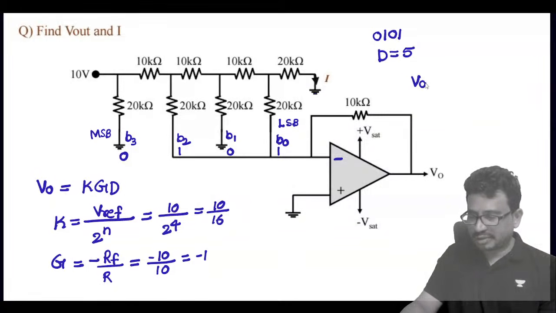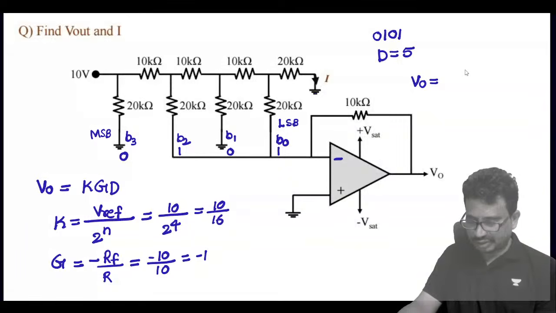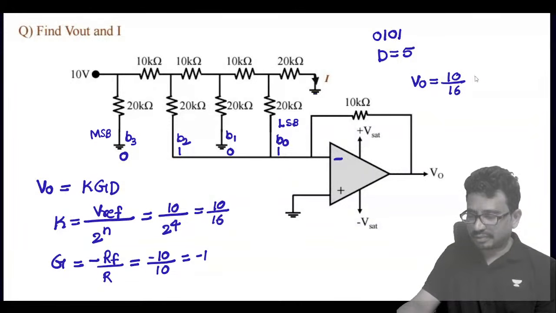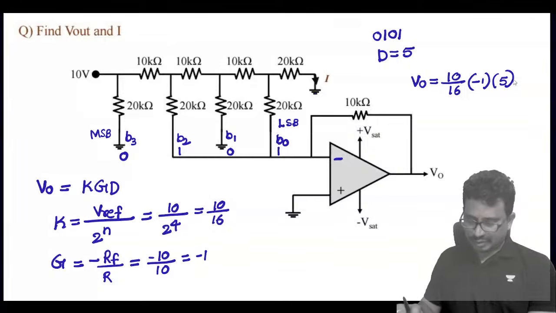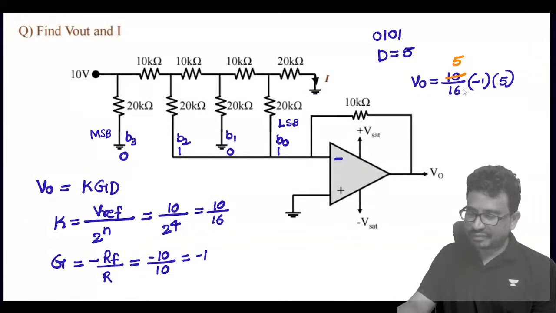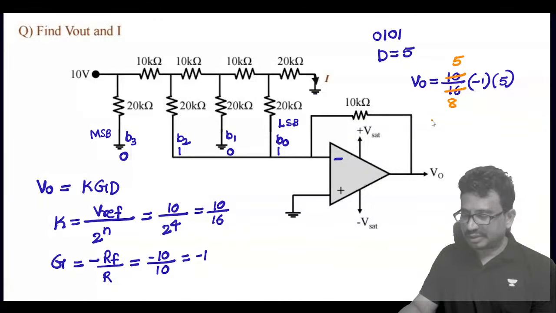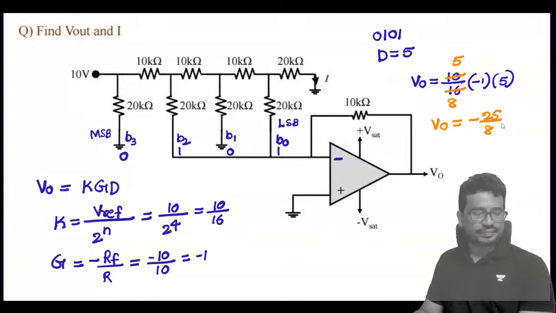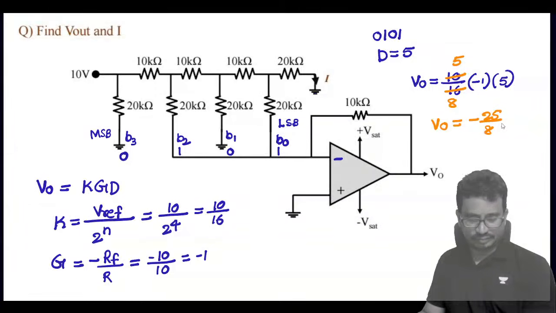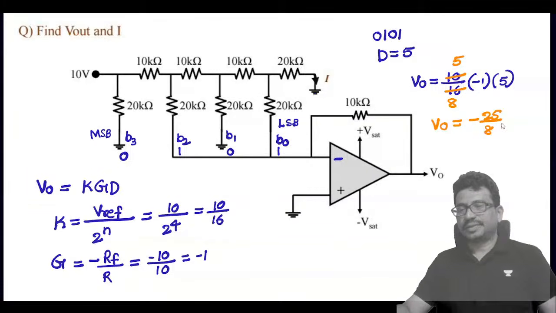We get the output voltage V0 equal to K G D, with K value 10 by 16, G value minus 1, and D value 5. Simplifying, 2 5s are 10 and 2 8s are 16, so V0 equals minus 25 by 8. Okay, got it.